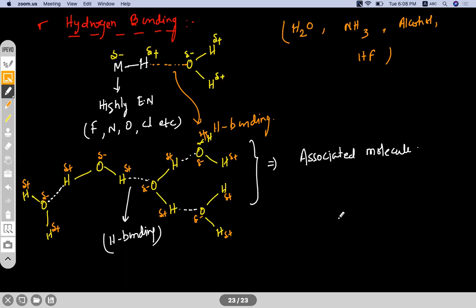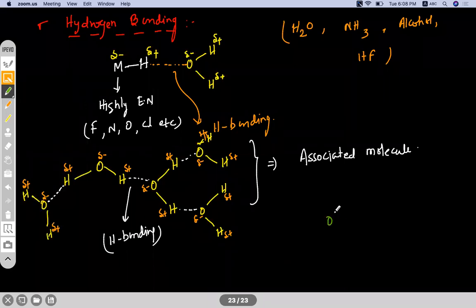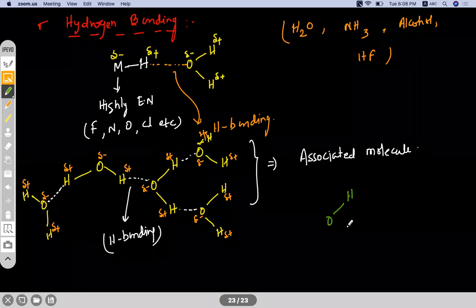It is possible with two different molecules also. For example, we have H2O and NH3.